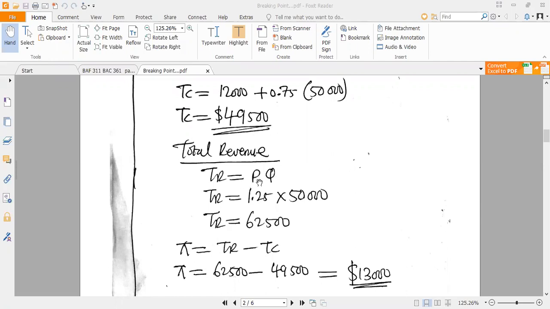So our total revenue is 1.25, the price, multiplied by the 50,000 units produced, which is 62,500. If you subtract to find the profit here, 62,500 minus 49,500, we get 13,000. This is our profit at this production level.